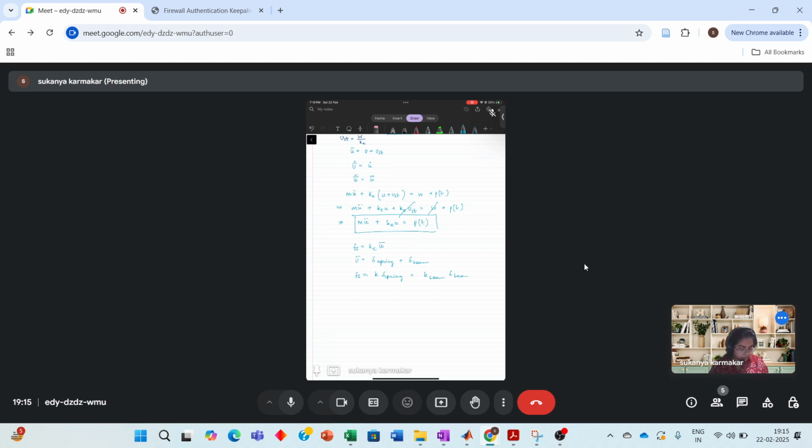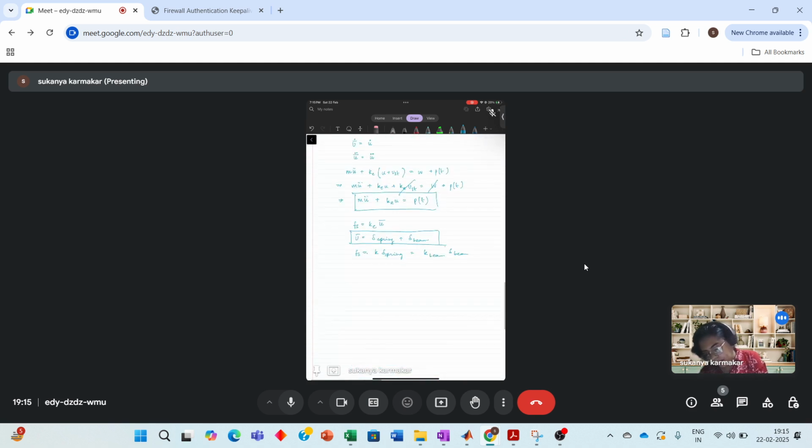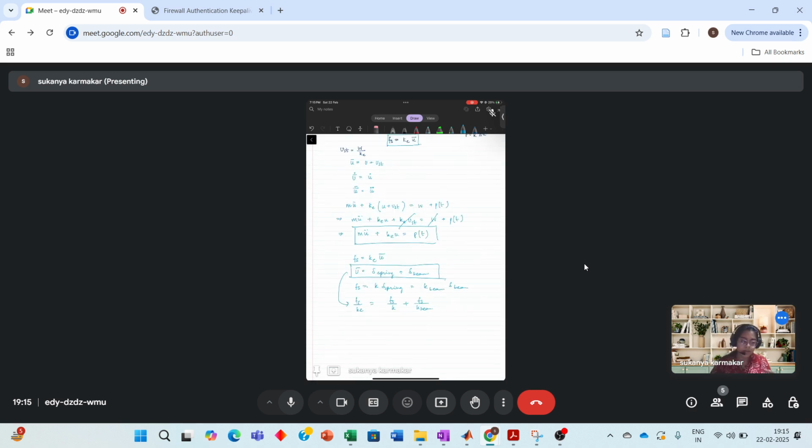So what is the total deformation? You can just use this equation. So U bar can be written as Fs by Ke. I'm using this equation. Delta spring can be written as Fs by K, and delta beam can be written as Fs by K beam, because in this system the deflections are getting added.